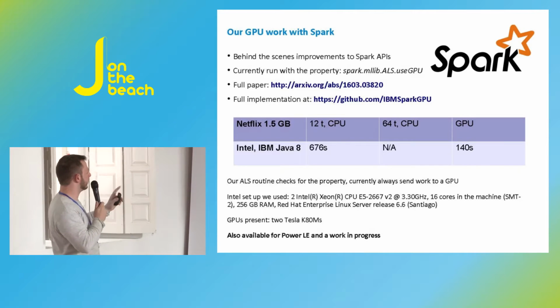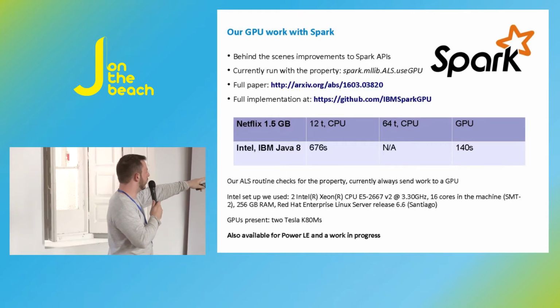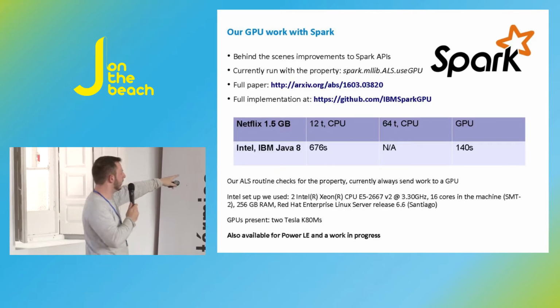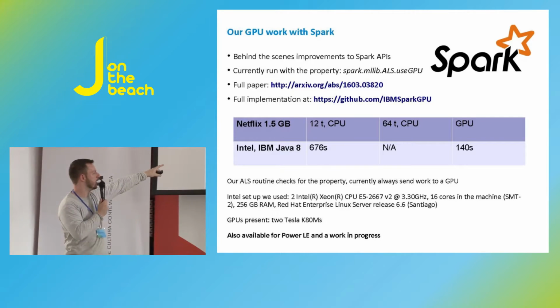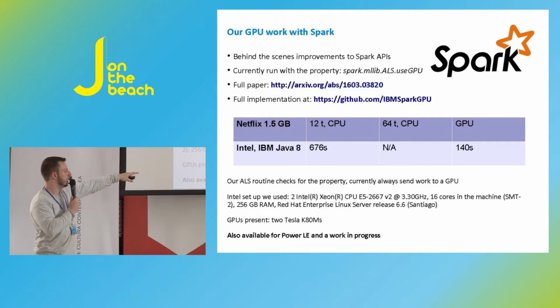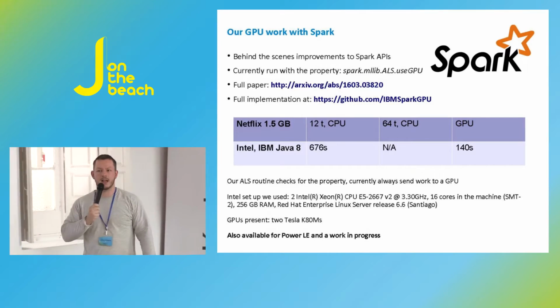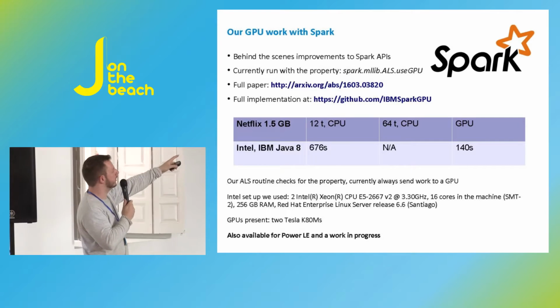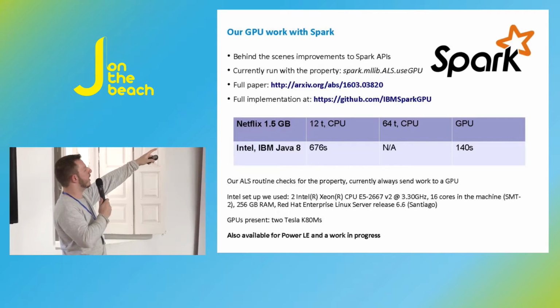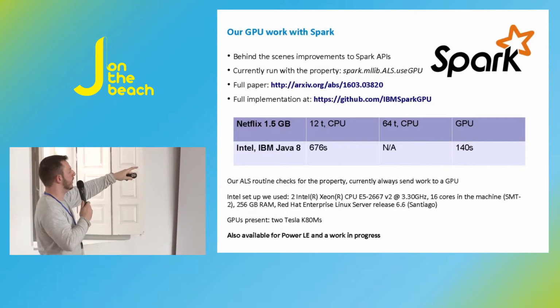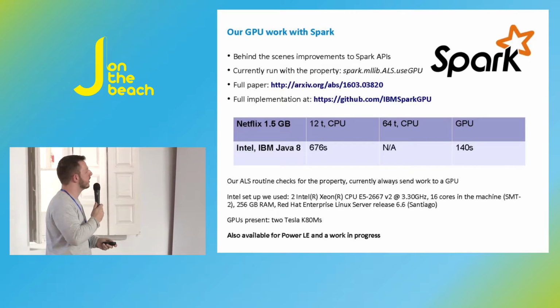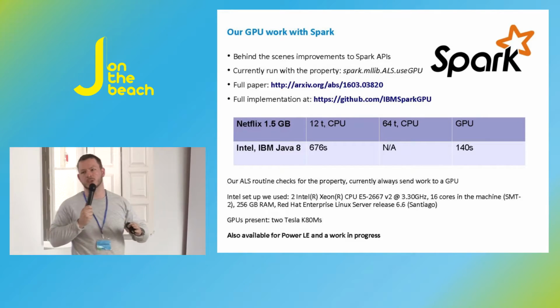Actually, I mean 2 at the bottom. There's an Intel setup here, and you've got the GPUs at the bottom. We found that using GPUs is around 4 times faster. And how do I do all of that? I just set one Java property, spark.mllib.als.useGPU, and you get a performance increase. So we want to optimize these algorithms to use GPUs for you.